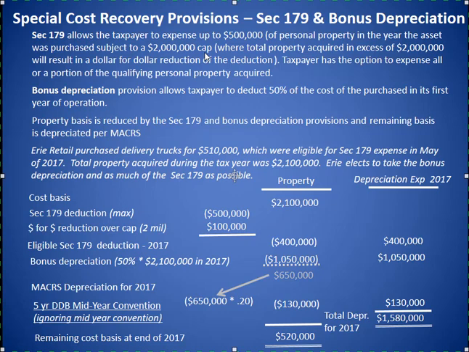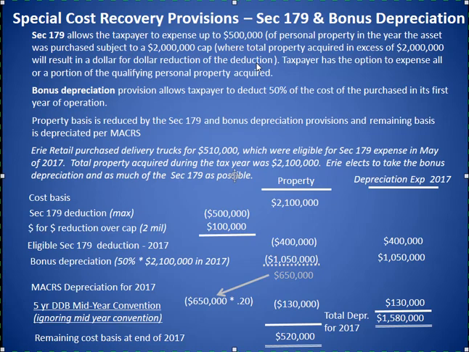Where property purchased exceeds $2 million, that excess amount will result in a dollar-for-dollar reduction of the Section 179 deduction. The taxpayer has the option under Section 179 to expense all or a portion of the qualifying personal property acquired.